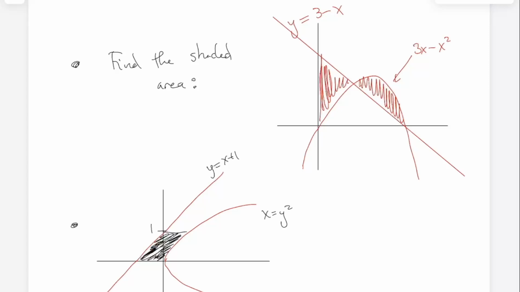So 0, 1, and 3. Yeah, that's right. First one, okay? How close you are.